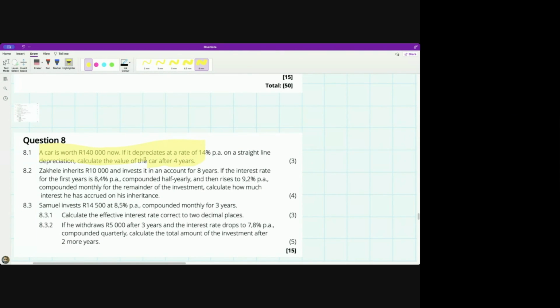Okay, let's do 8.1. See if you can do 8.1 all by yourself. I'm not going to say too much because I feel like I've probably said too much earlier today already. See if you can do the one in yellow.